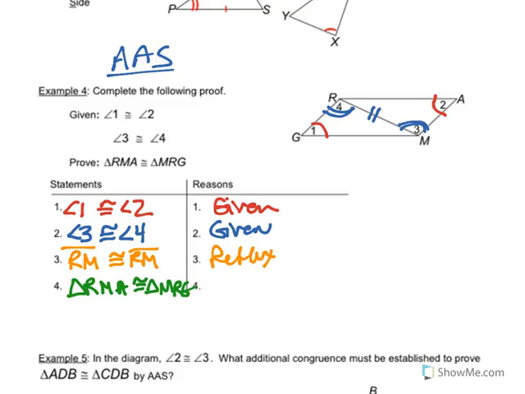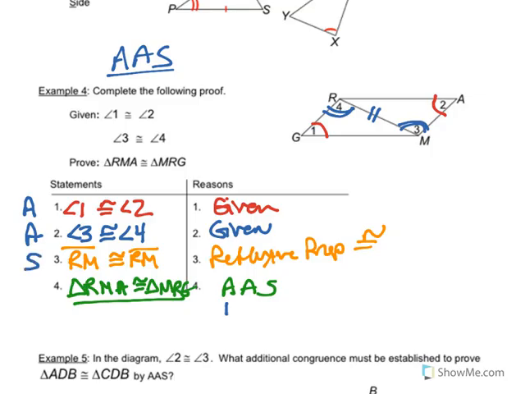Reflexive property of congruence. And then what's our justification, final reason to prove these triangles are congruent would be angle, angle, side. And as always, we want to make sure those statements have all shown up previously in our proof. And so here's angle 1 and angle 2, angle 3 and angle 4. There's an angle, and then RM is congruent to RM. There's a side. So we've proved that in those first 3 statements.